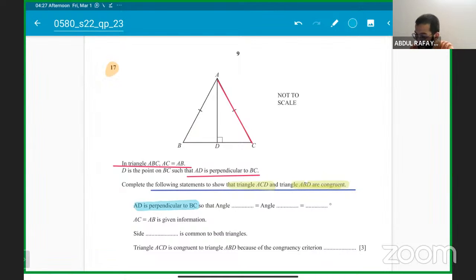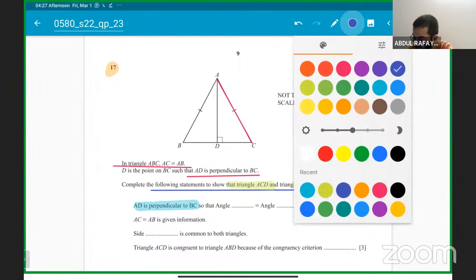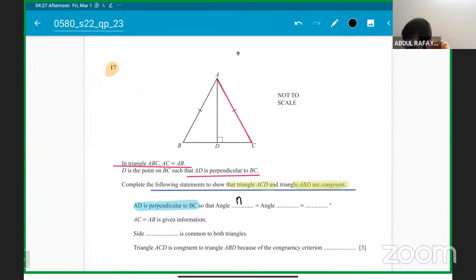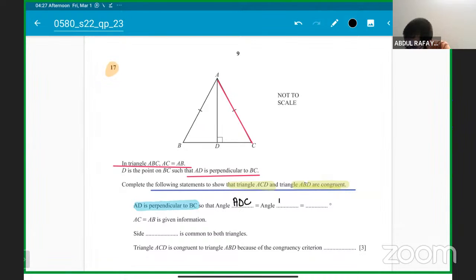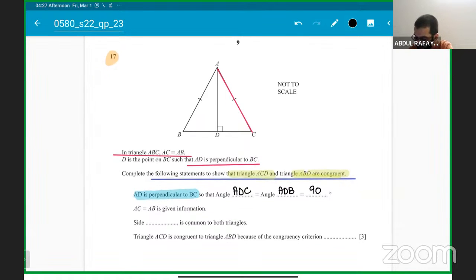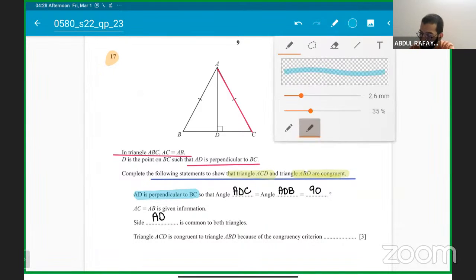If AD is perpendicular, then that angle ADC is equal to angle ADB, which is equal to 90 degrees. Given that AC is equal to AB is given information. Dash side dash is common to both triangles. Which side is common to both triangles? Side AD is common to both triangles.